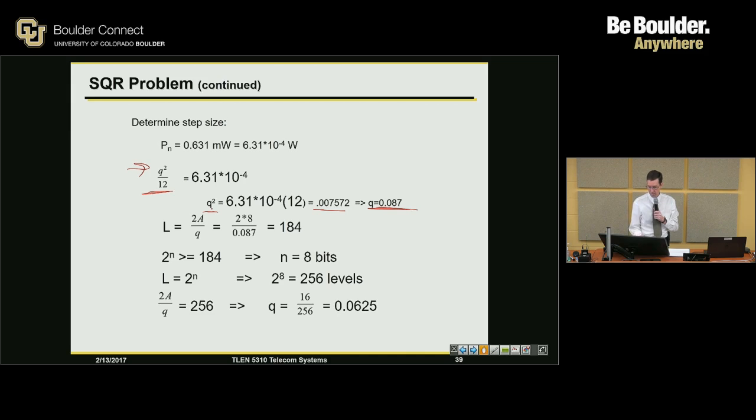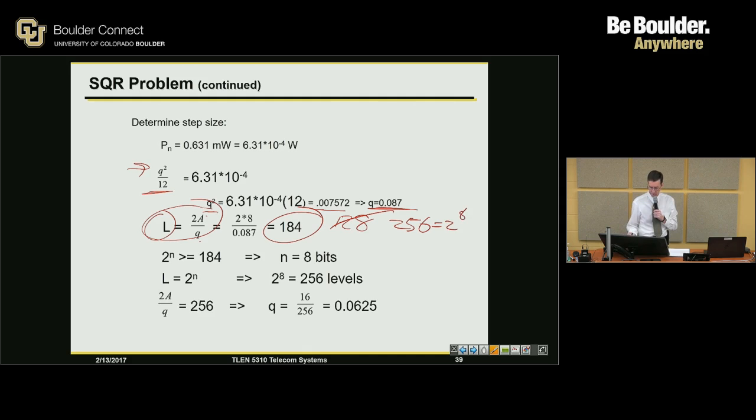Then I have the number of levels equals 2A over Q. So I now have the amplitude and I have the Q, so I can solve for L. That says I need 184 levels. And then since that's not equal to 128 or 256, I have to go up to 256, which is 2 to the 8th.